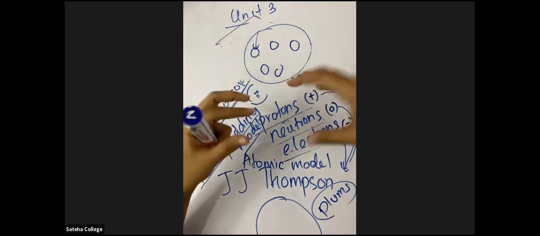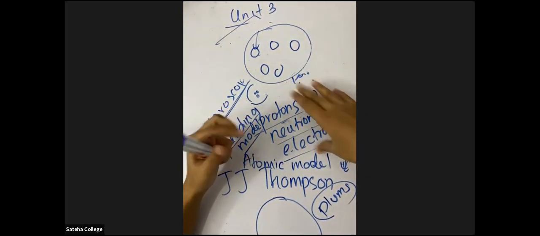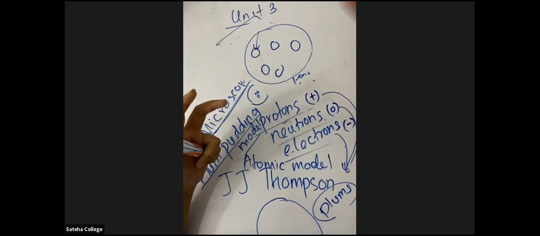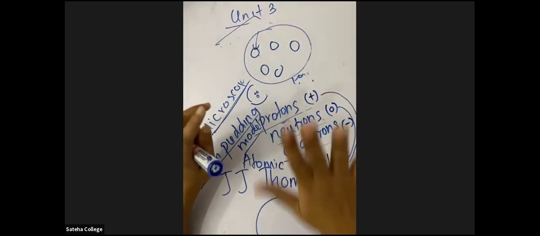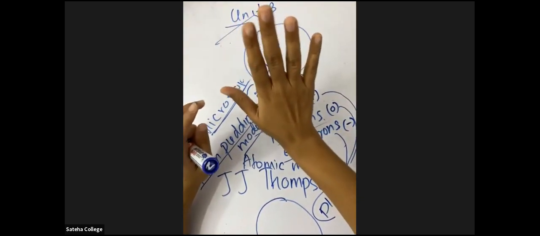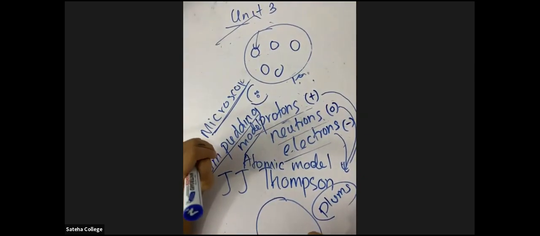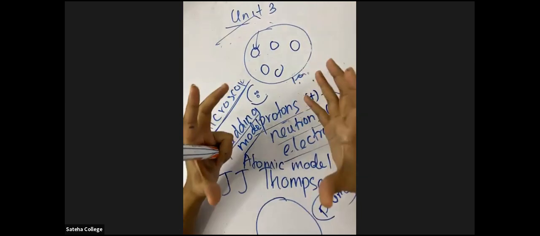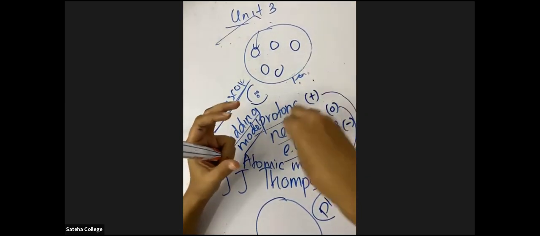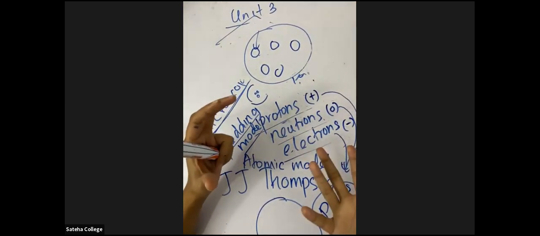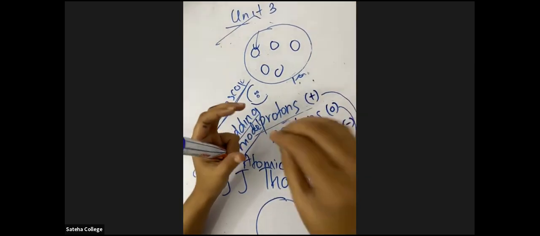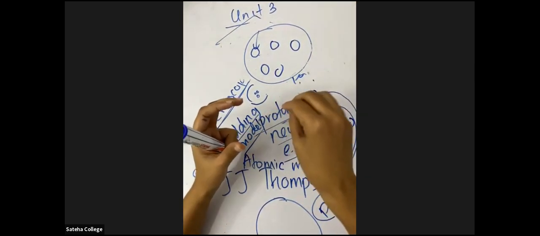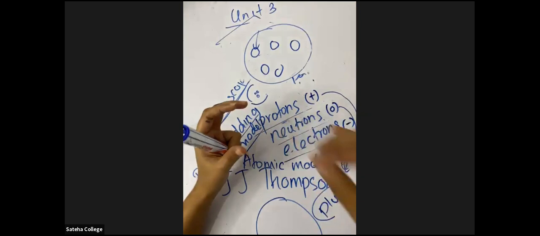So now, after they found this out, they were thinking how to put it in an atom. Then J.J. Thomson said, okay, wait. Just imagine the atom as a pudding. And what do you have inside the pudding? You have plums. So what are the plums? Plums are the proton, neutron, and electron.